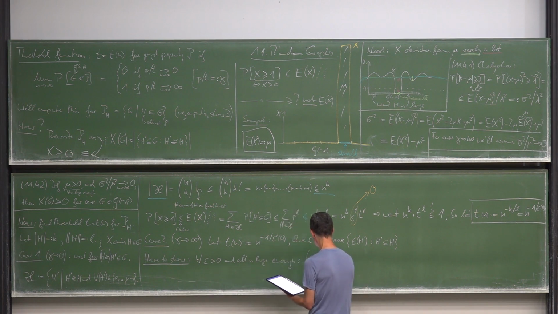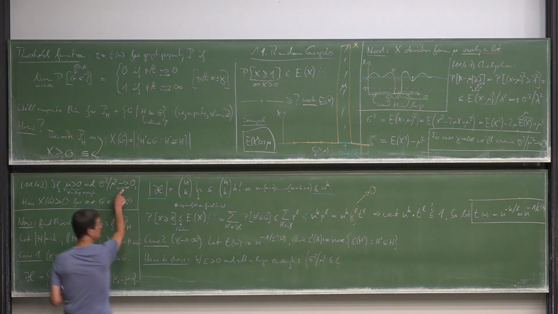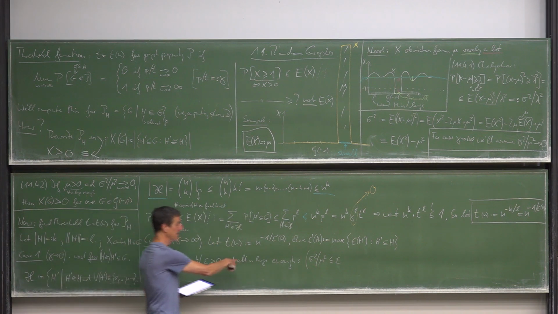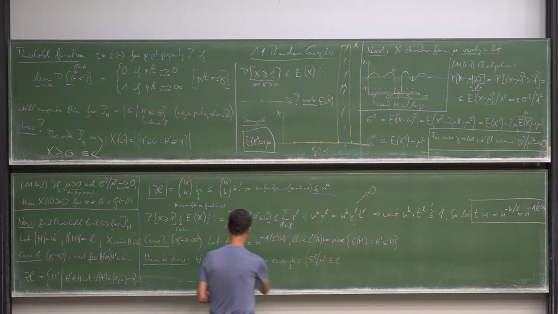We want that sigma squared divided by mu squared is less than epsilon. We want this to go to 0. And that's just the analysis version of writing that something goes to 0 by saying for every epsilon it has to be smaller, for n large.